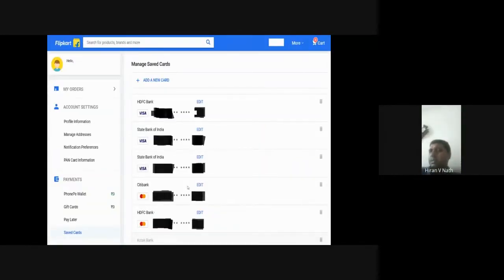Take a Flipkart account, for example. Whatever we think is, we have an OTP, so even if our card data, the month and year of expiry, is out, there is no harm. We have our OTP, which is secure.